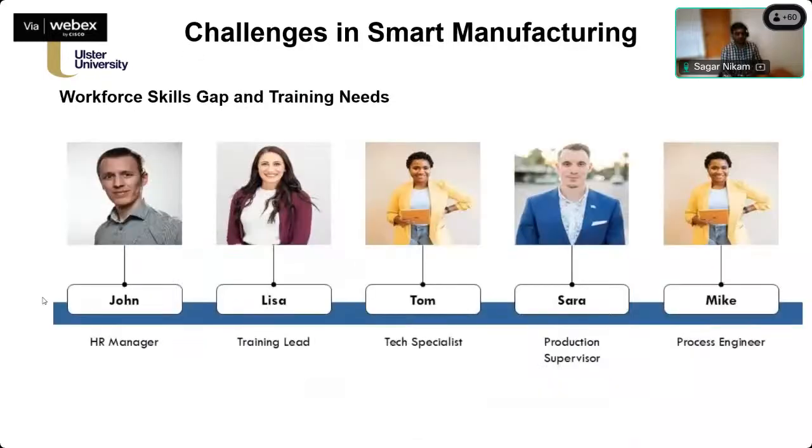Another challenge is the workforce skill gap and training. We have different people involved in the industry, manufacturers, running the particular organization. So it's necessary that we upskill the people with these advanced technologies.